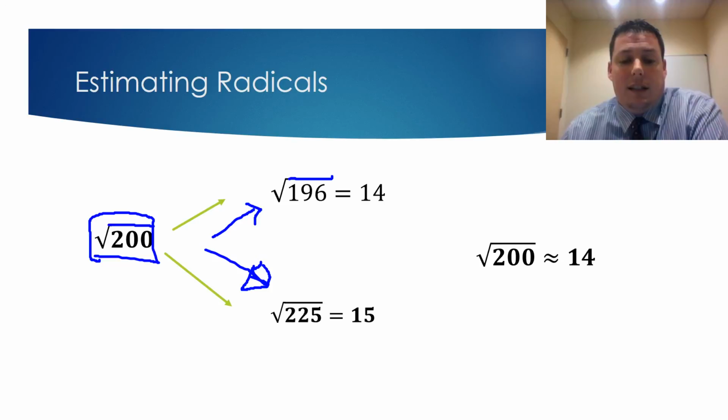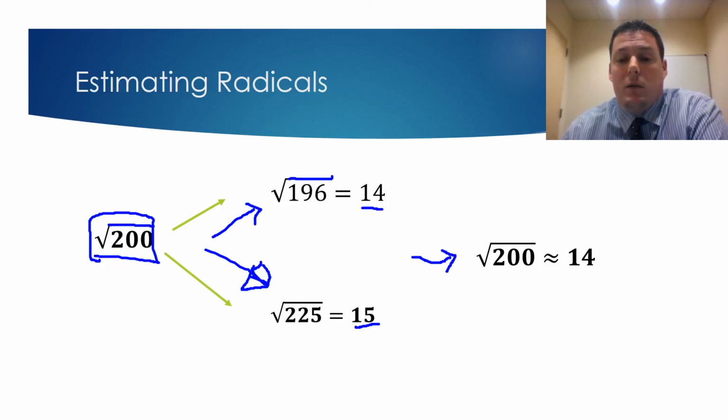So if we solve the square root of 196, we get 14, and if we solve the square root of 225, we get 15. So we know that the square root of 200 must be somewhere between 14 and 15, probably closer to 14.